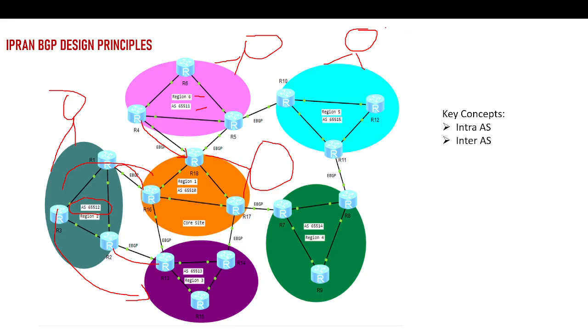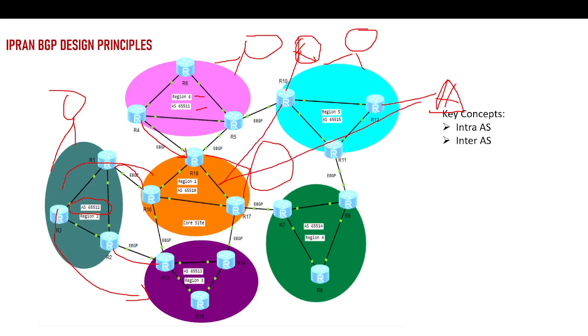Assuming we have a user connected here, and a different user connected to this place. If we have the nodes responsible for data and signaling in this access ring or in this region, then this traffic doesn't have to go through the core.